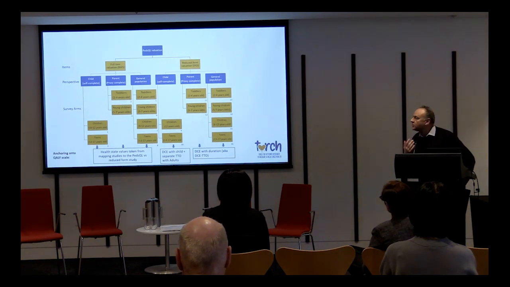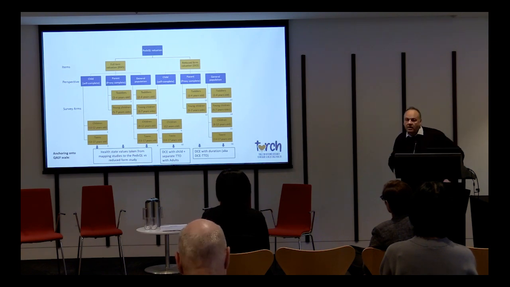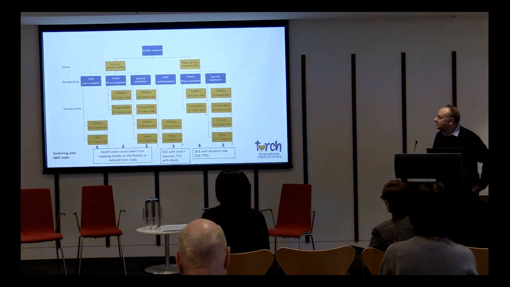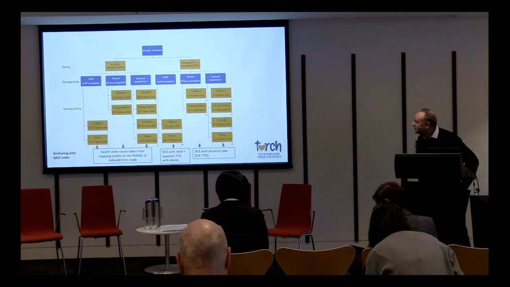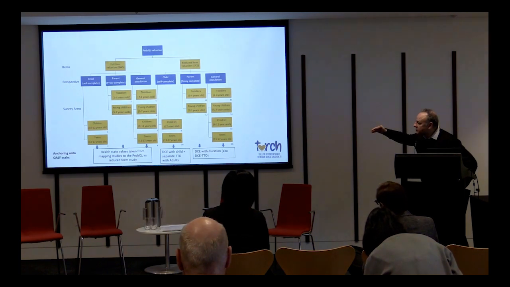best worst scaling method or a discrete choice experiment, a DC approach. The respondent type, whether the values come from children themselves or parents or general population samples, and also the target age range.